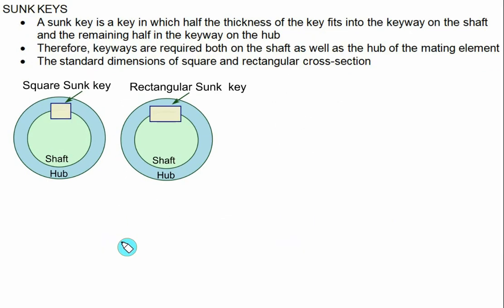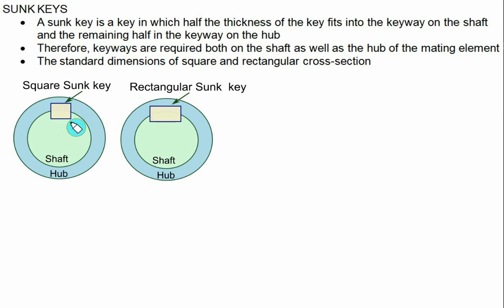The second type of key is the sunk key. In the case of the sunk key, we have a shaft, hub and the key. Either we have a square cross section or a rectangular cross section. In the case of a square sunk key and the rectangular sunk key, half the thickness of the key fits into the keyway on the shaft and the remaining half in the keyway of the hub.